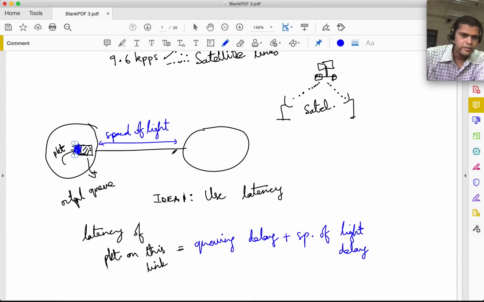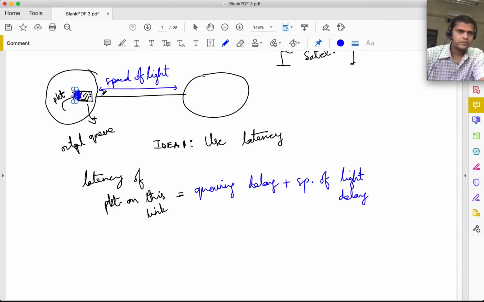And we want to know the time at which the last bit comes over here, enters this particular router. Suppose the packet size is p bits, and let's say the data rate is c bits per second.